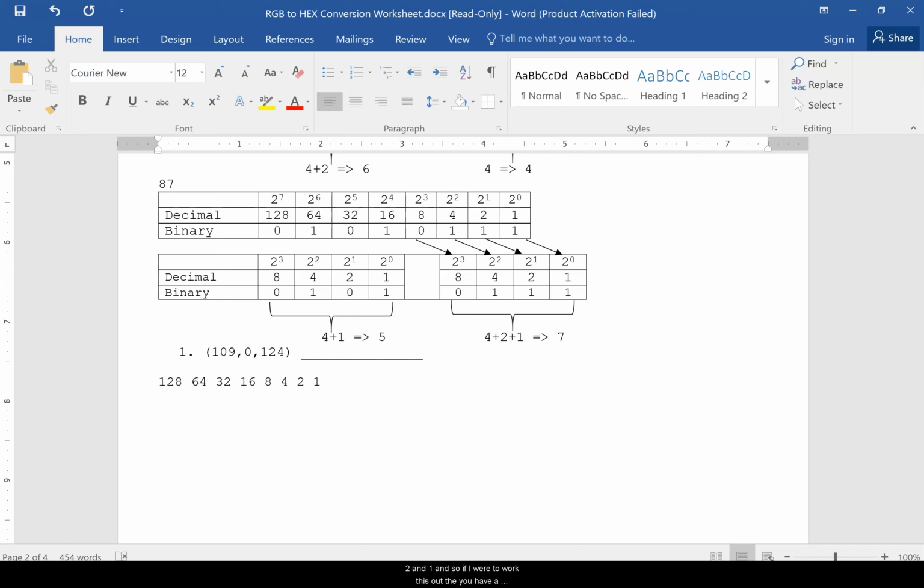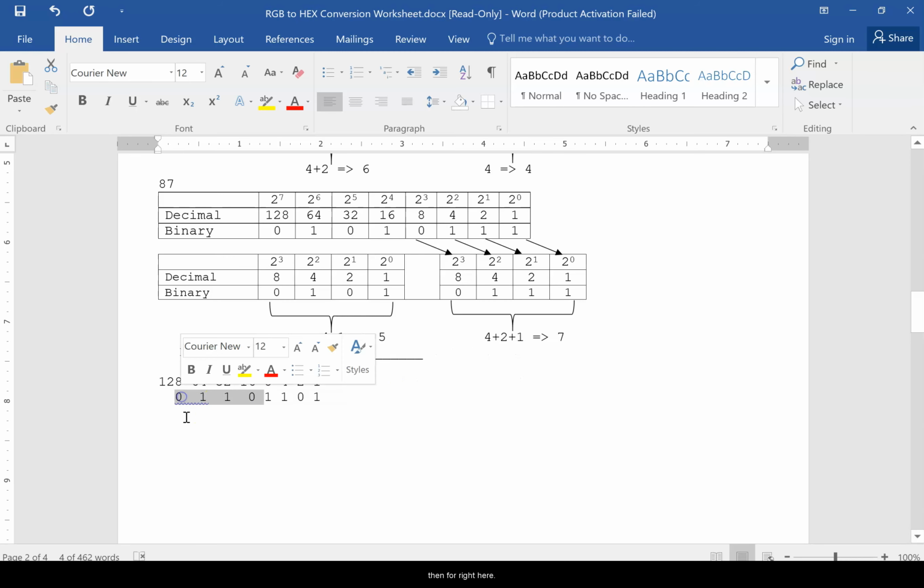And so if I were to work this out, you'd have a 0 right here, 0, and then I'd have 1, and then I would have 1, and then I'd have 0, 1, 1, 0, and 1. So then I would split this up into 4 over here and then 4 right here.